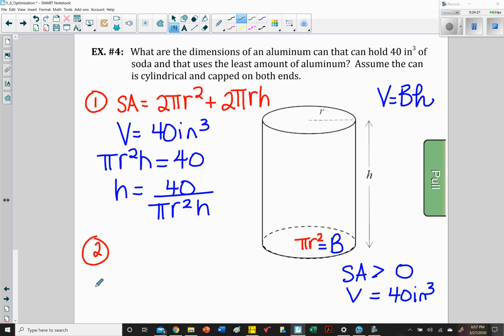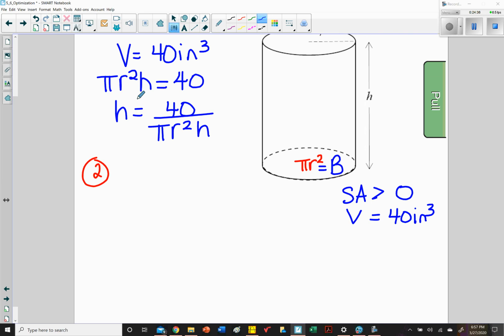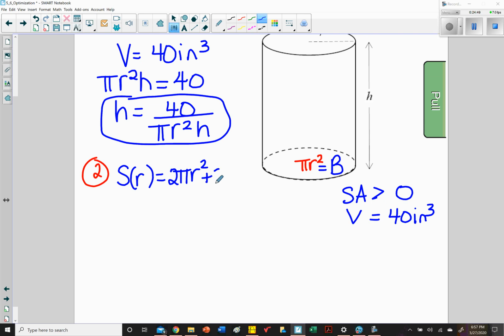Now, secondly, I want to write surface area. And what are we looking for? Let's read it one more time. It's capped at both ends. So let's say we wrote surface area in terms of the radius, because we could rewrite and eliminate height. We had 2 pi r squared plus 2 pi r h, and I want to get rid of that h and put this expression in there.